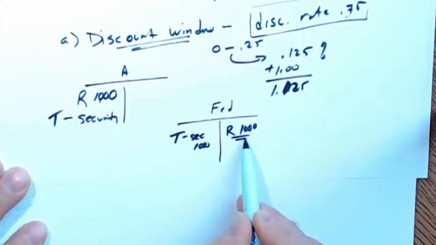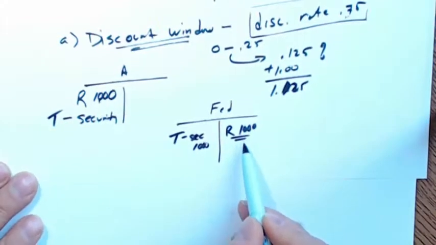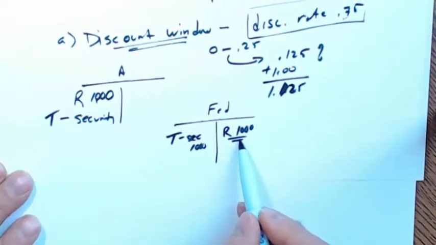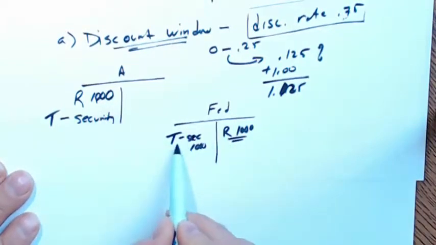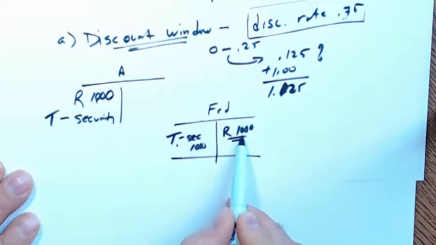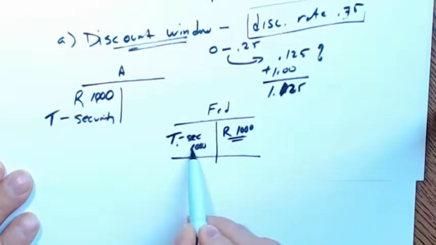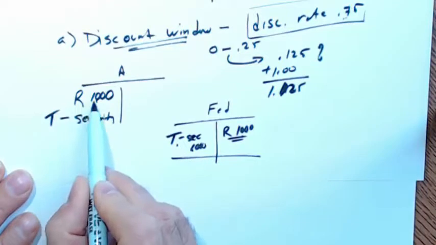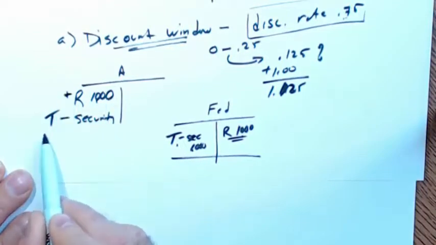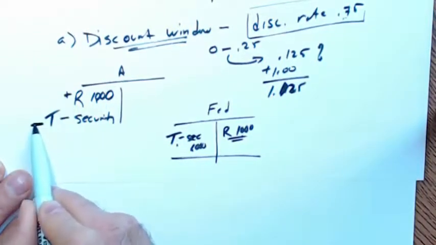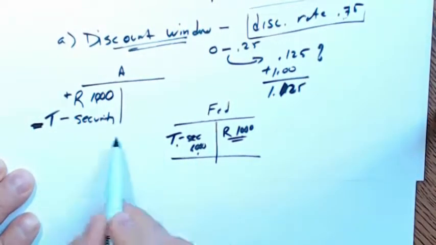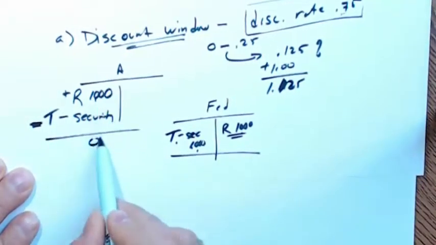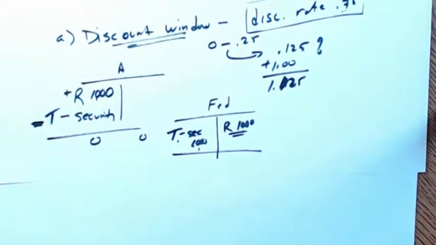The Fed makes an electronic credit for the $1,000 and takes possession of the treasury security. So its books balance, because it increased this by 1,000 and increased this by 1,000, and for the bank, their reserves increased by 1,000, but there's a negative sign in front of the treasury security that just went out the door to the Fed. So overall, there was no change on this side, and no change on this side of the balance sheet.